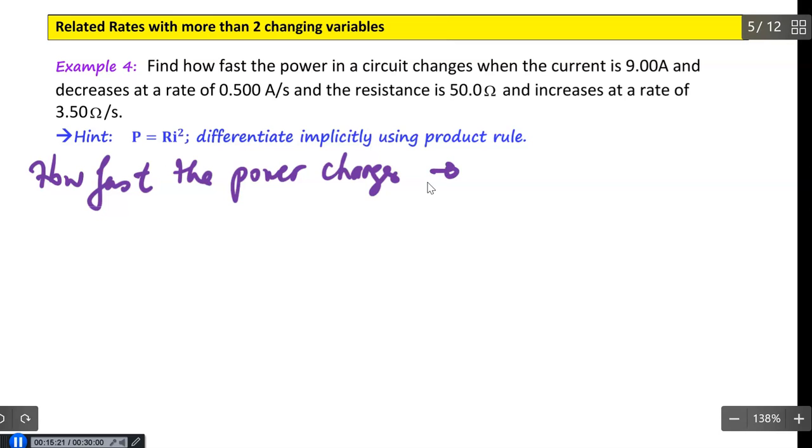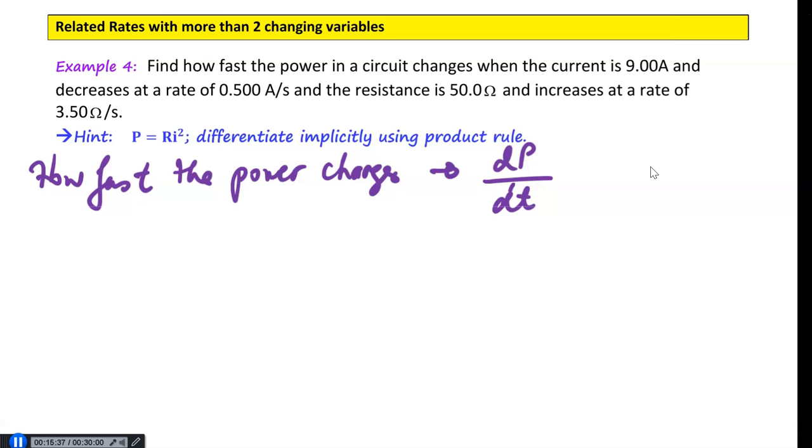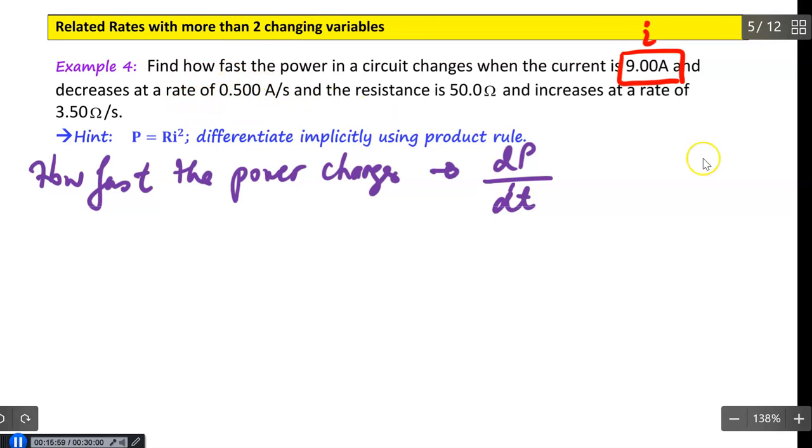So in this case, it is in fact the derivative of power as a function of time. Okay, so we translate this into mathematics right away. When the current is equal to 9 amps, so that means this is representing I. And decreases at the rate of this, so that means dI/dt is equal to negative 0.5.